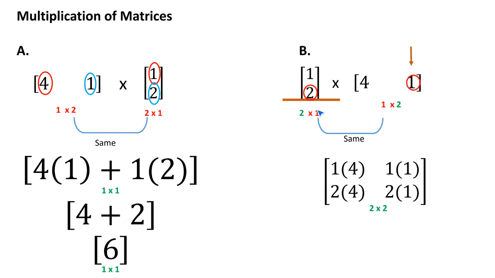And then we're going to have 2 times the second column, 2 times 1. So if we multiply these out, then we get 1 times 4 is 4, 1 times 1 is 1, 2 times 4 is 8, and 2 times 1 is 2. So with these, when you see a bigger matrix, they'll make a little bit more sense.